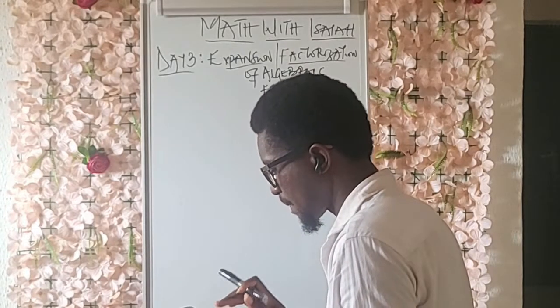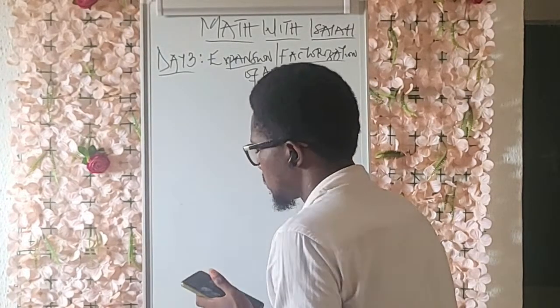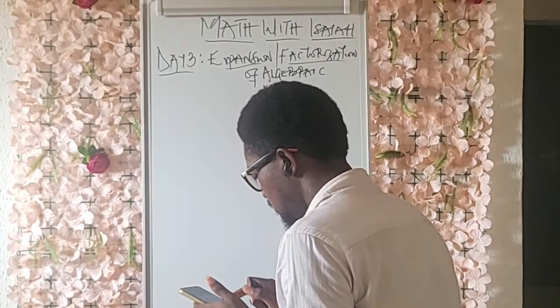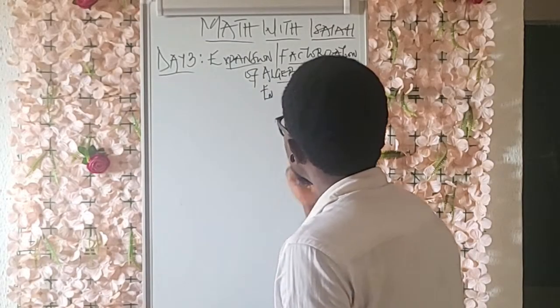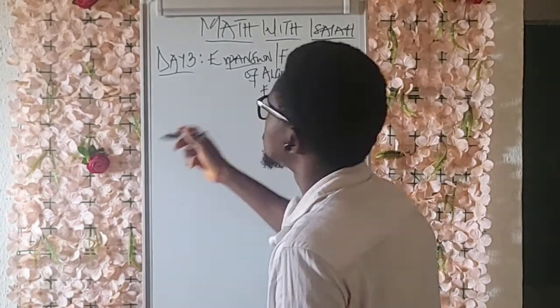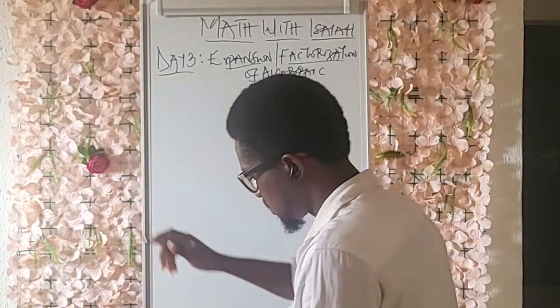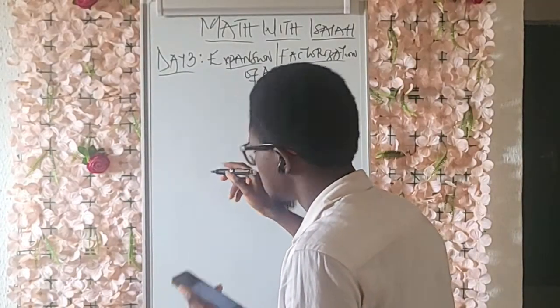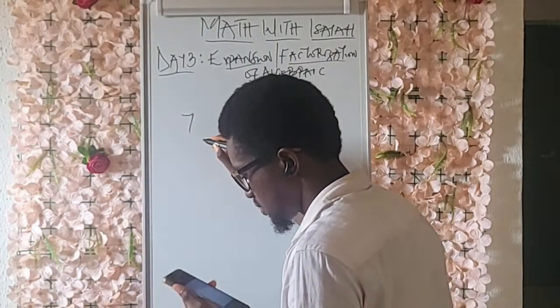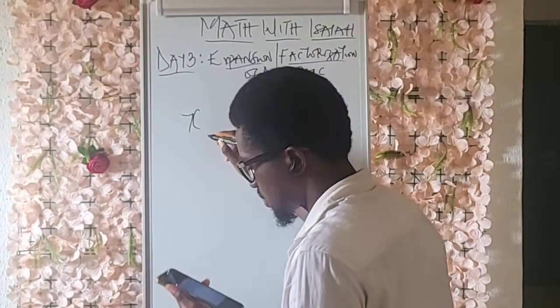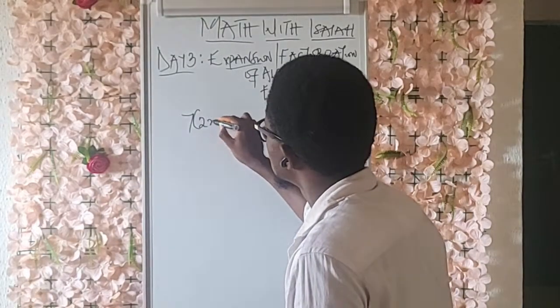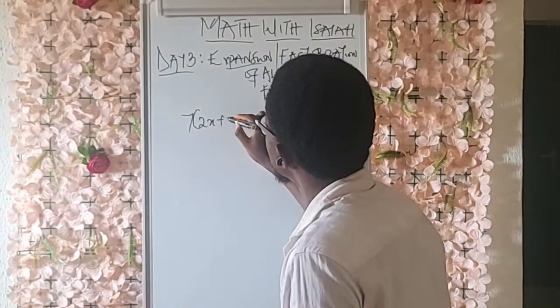One second. Alright, so when you say these are algebraic functions, where you have something like this, 7 into bracket 2x plus 7.